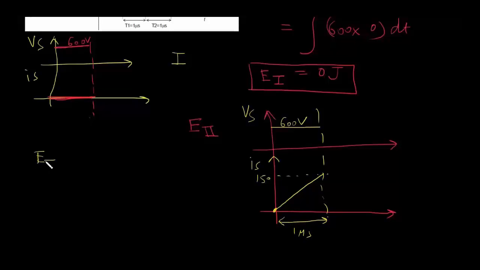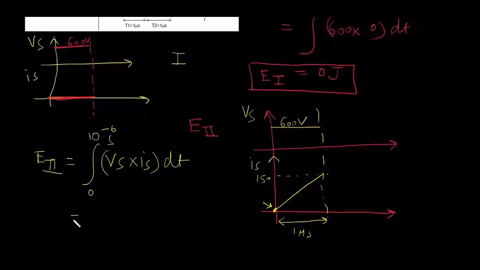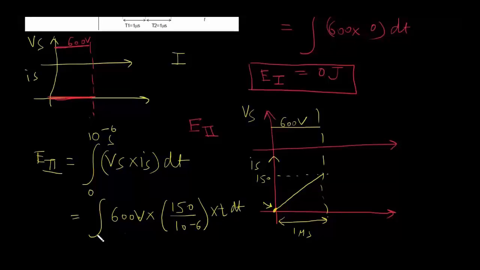So the energy dissipation in interval 2 is the integral of Vs into Is dt from 0 to 1 microsecond. You can take this as origin. So Vs is 600 volt. For the current, you can write the equation of a straight line. So the slope is 150 divided by 1 microsecond into t dt.